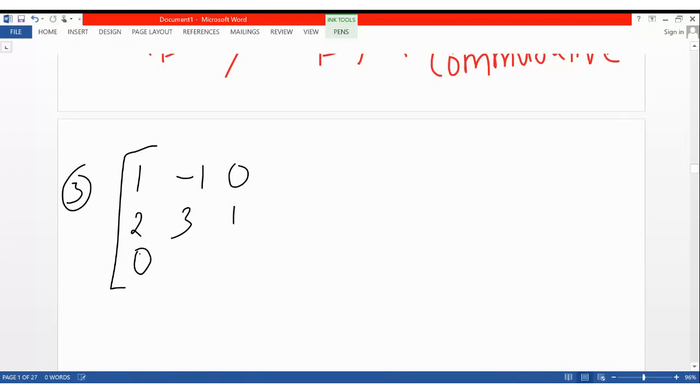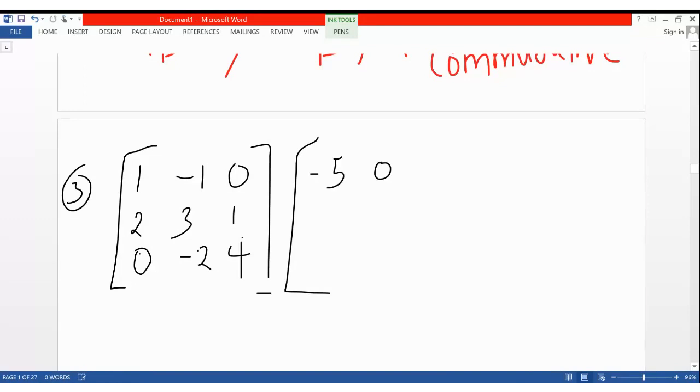Then you multiply this one with negative 5, 0, 1, 2, negative 4, 3, 3, negative 3, negative 1, and 0. So that one there. So we can start.